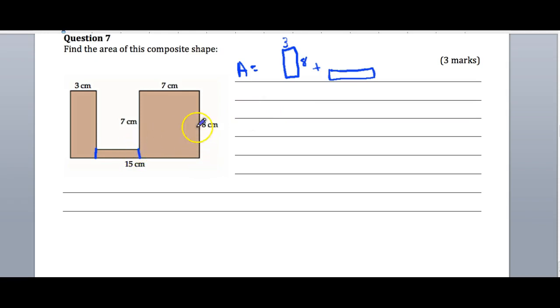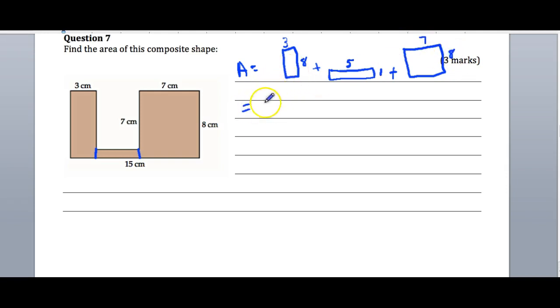So my height, if this is 8 and this is 7, that leaves that as 1. And then this whole distance is 15, but I'm going to be taking away 3 and 7, so that leaves me with 5. And then I've got the other bigger rectangle here, which is easy, it's just 7 and 8.